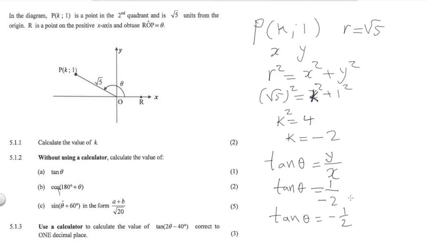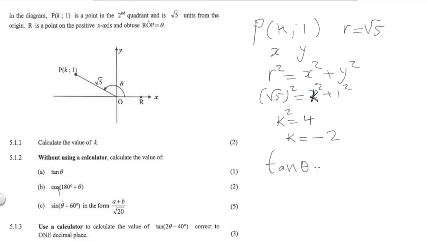Okay? If you say it's 1 mark, how do you have so many steps for 1 mark? If it was me again, I would just say tangent theta, tangent is y over x.